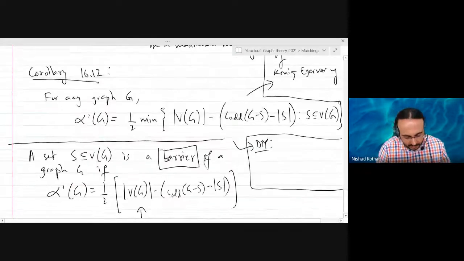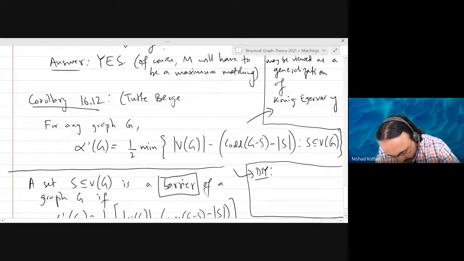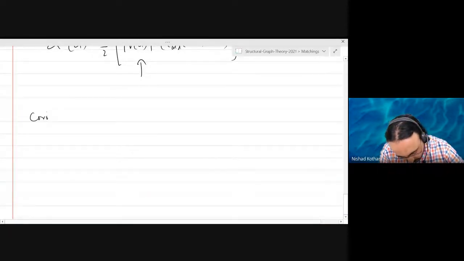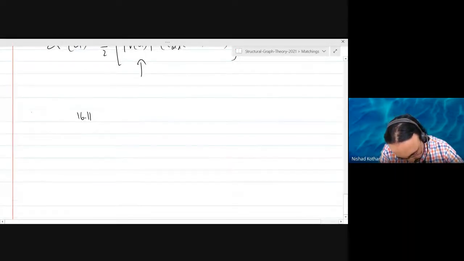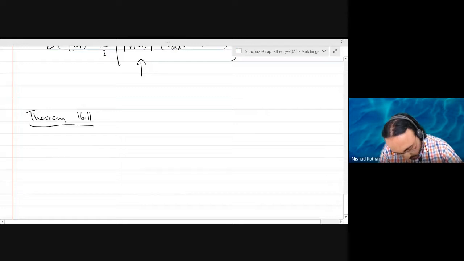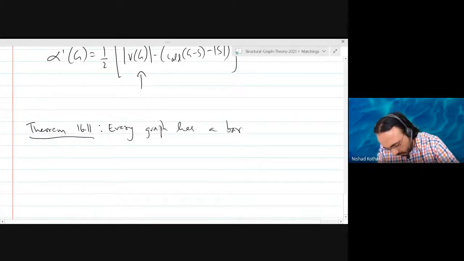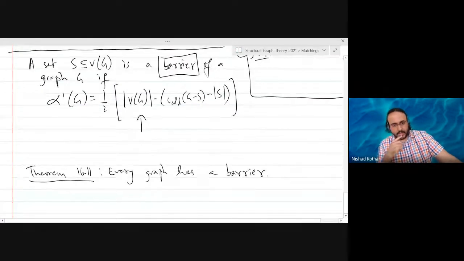And that is the Tutte-Berge theorem. So this, as Aranya pointed out, is called the Tutte-Berge formula, and it is a corollary of the Tutte-Berge theorem, which says that every graph has a barrier. So there is always a set S which satisfies this as an equation.